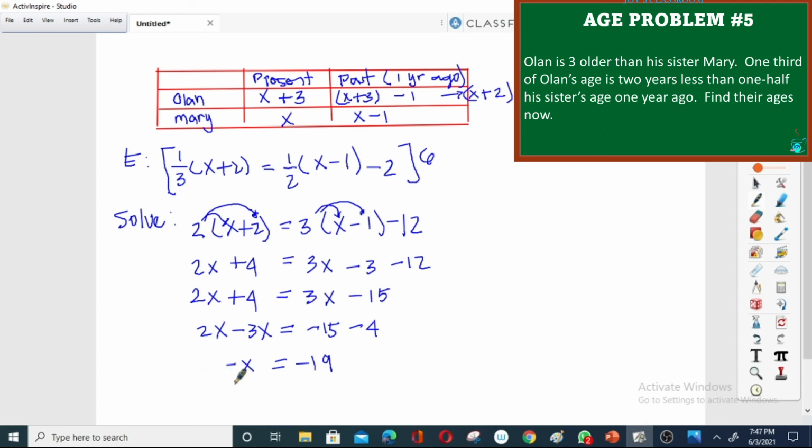So divide both sides by negative 1. Negative 1, this is equal to x is equal to 19. So this is Mary's age.